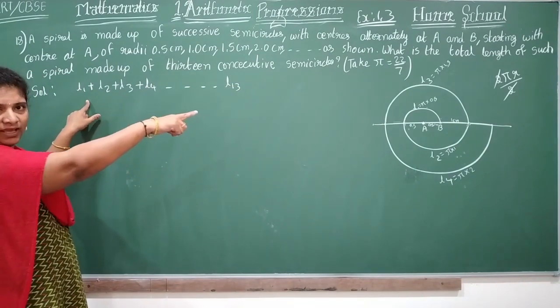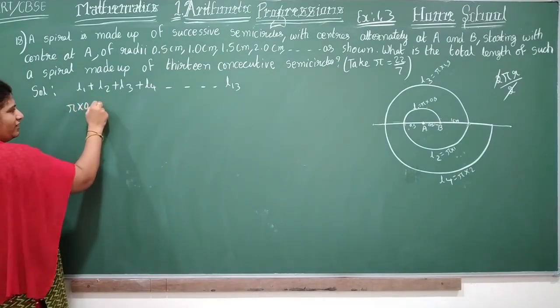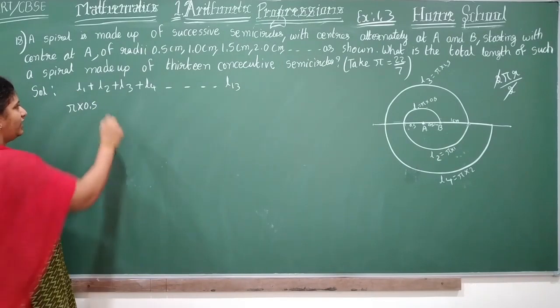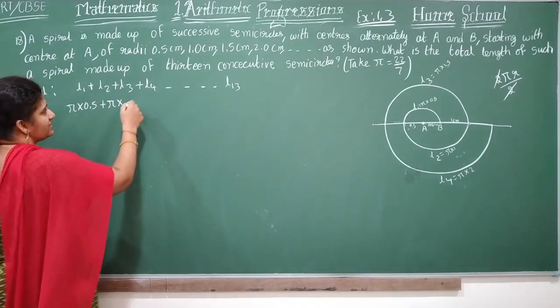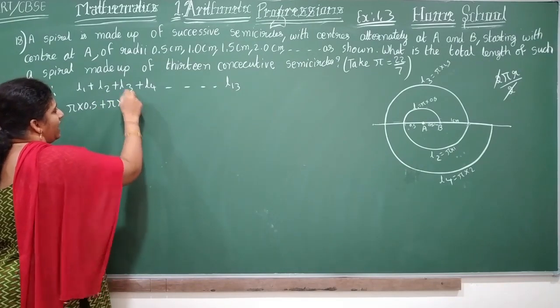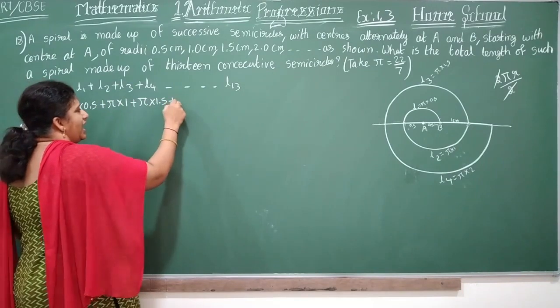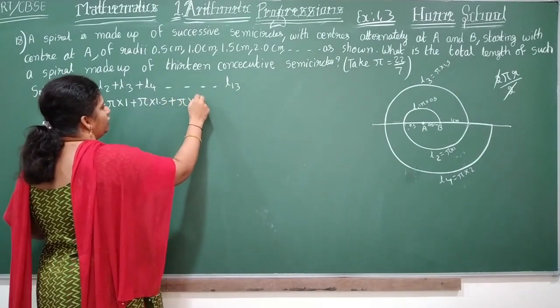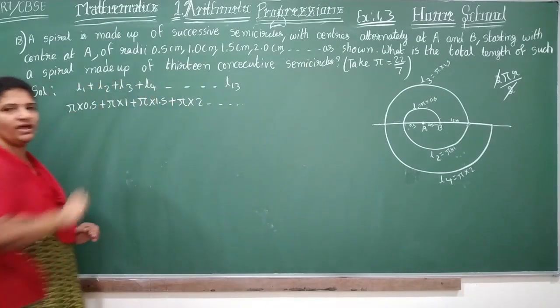Pi into 0.5. Then L2, pi into 1. L3, pi into 1.5. And L4, pi into 2. And so on. Like this you will be having.